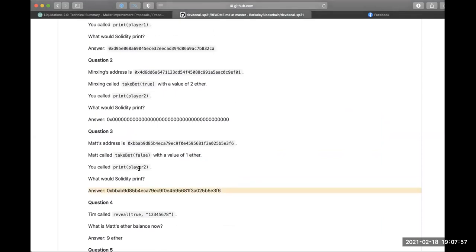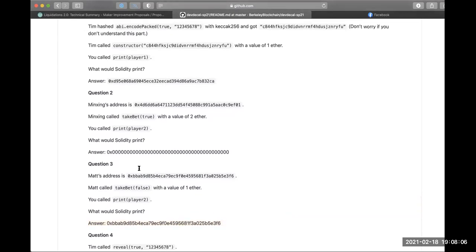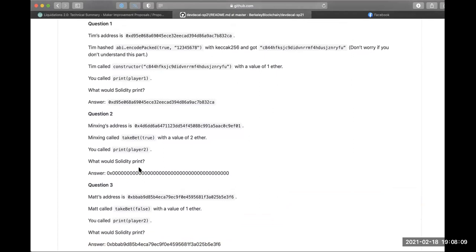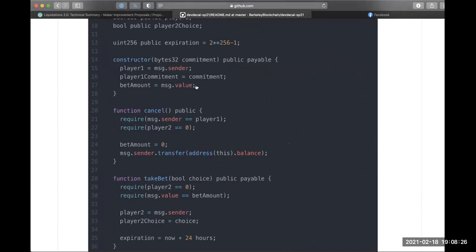Wait, Nathan, what's up? I had a question. Does Tim have a balance of 9 at this point because they called the constructor with a value of 1 ether? Not yet, because the payment didn't go through, because the take bet function didn't go through, because the value has to be equal to the bet amount. No, the constructor was payable, right? Yeah, the constructor was payable, but then he just called the constructor. The constructor executes automatically when someone pays you.